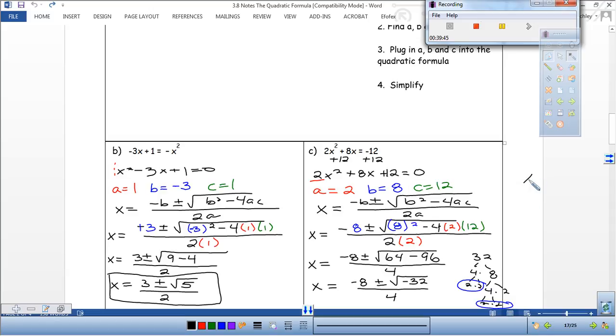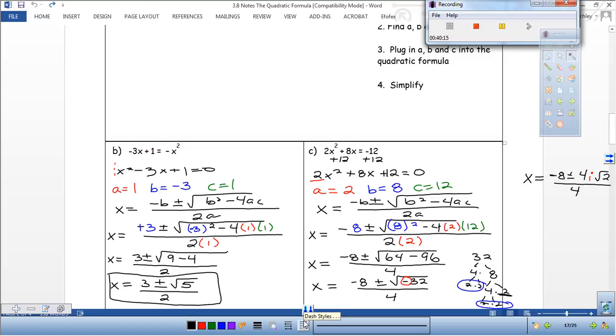So I'm going to get x equals -8 plus or minus 2 and 2. So that's 4 on the outside. And because it has a negative inside here, I need that i. I need the imaginary number. Then I need this 2 to stay inside the radical. And it's all over that 4.